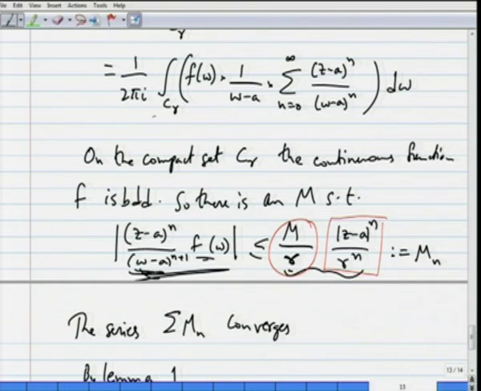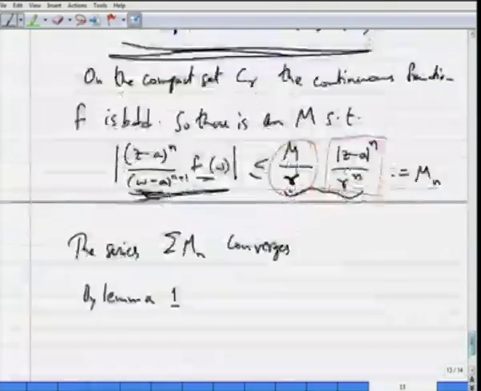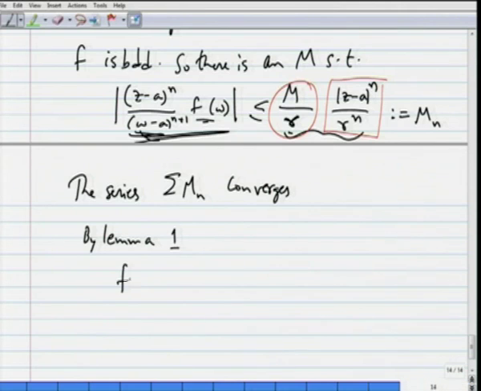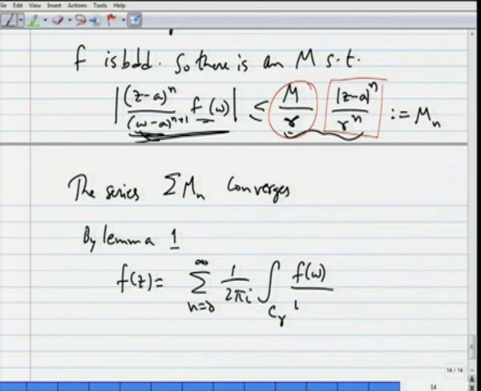and so in here I can exchange the integration and summation. Okay. So, by lemma 1 what I have is f of z is actually equal to sigma n equals 0 through infinity 1 by 2 pi i times the integration over C r of f of w by w minus a raised to n plus 1 dw, times z minus a raised to n.